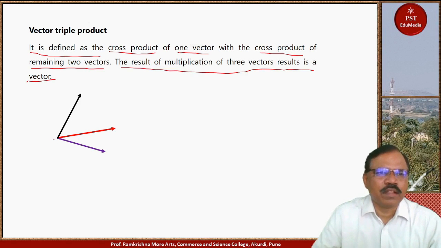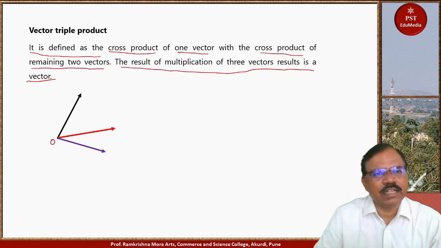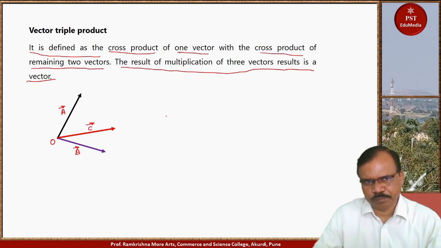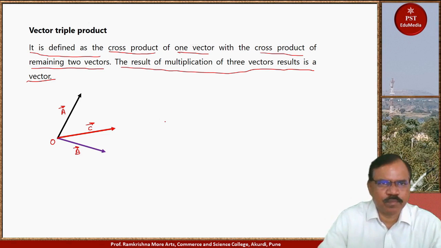Suppose this is O and three vectors originate from O. Suppose this black one is vector A, this violet is vector B, and this one is vector C. So we have three vectors, and then we can take the cross product.